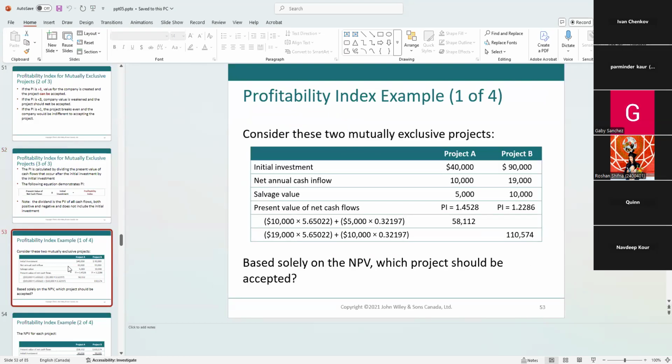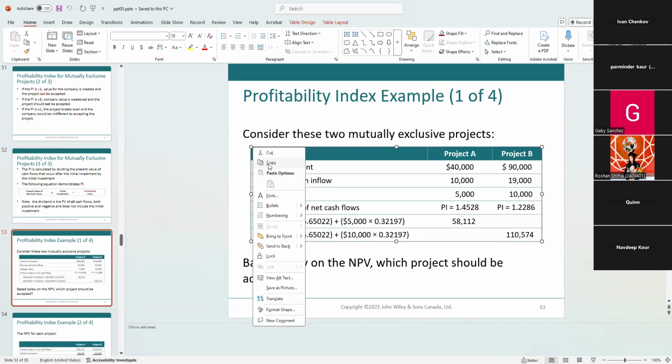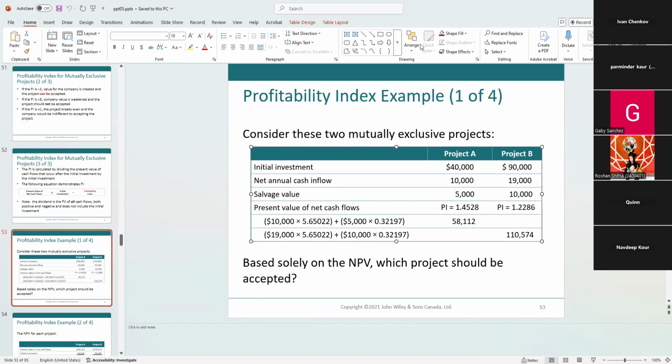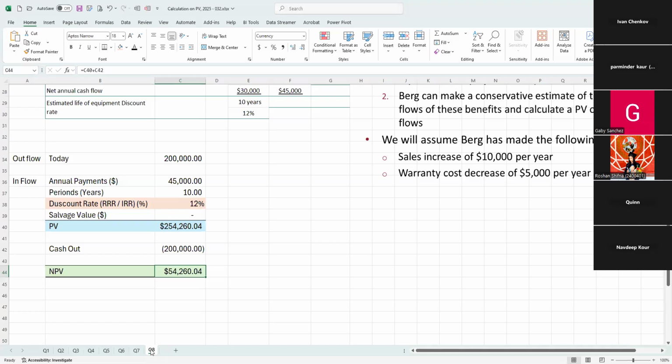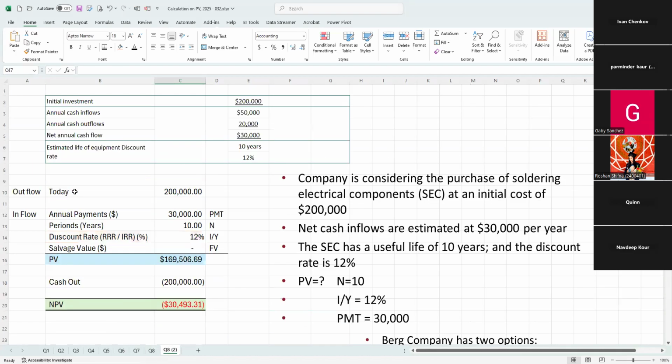Now, let's see, here we have to consider those two projects. Let's grab those two, and let's move to the Excel spreadsheet. Let's create a new chart here.